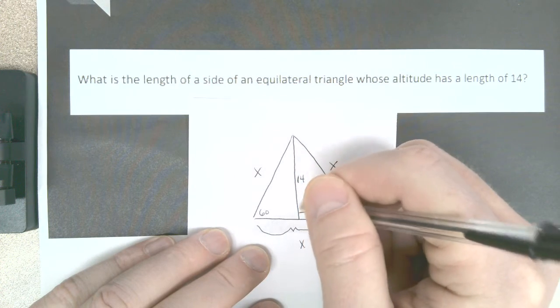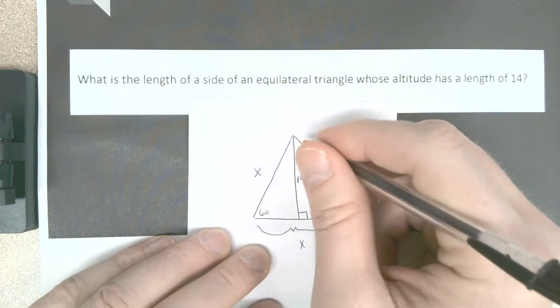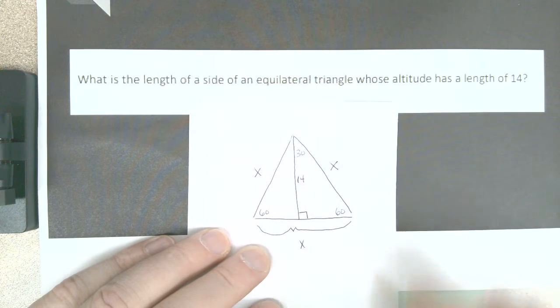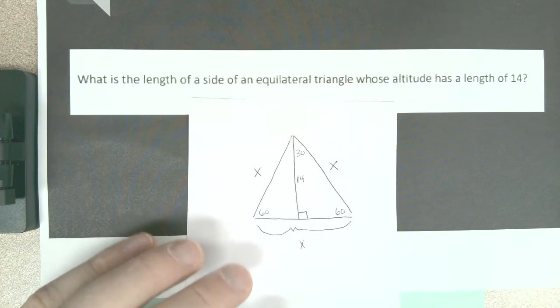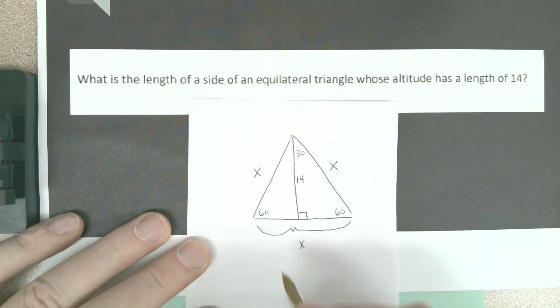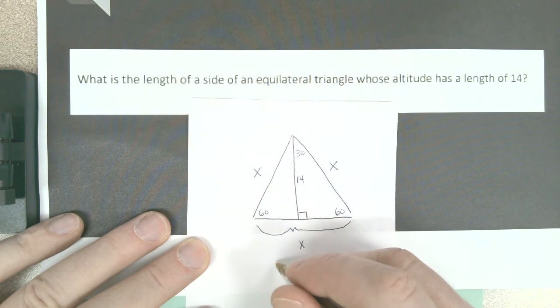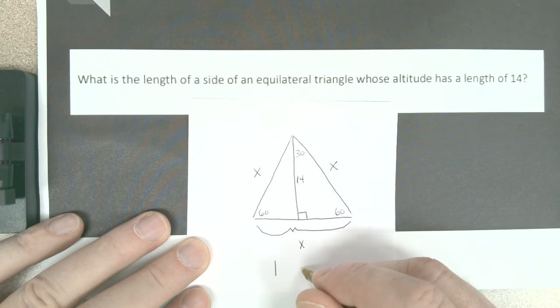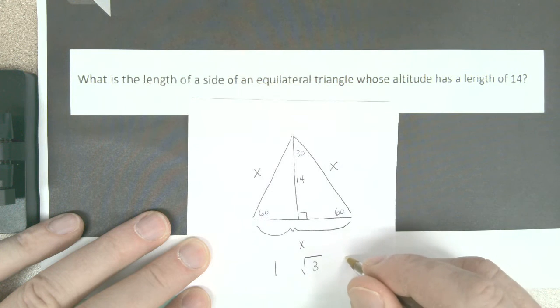When we drop the altitude, it splits that angle in half and makes that 30. So hopefully you notice now we've got a 30, 60, 90 triangle. We're trying to find the hypotenuse of the triangle. If I list my ratio, remember 30, 60, 90 is 1, square root of 3, 2.